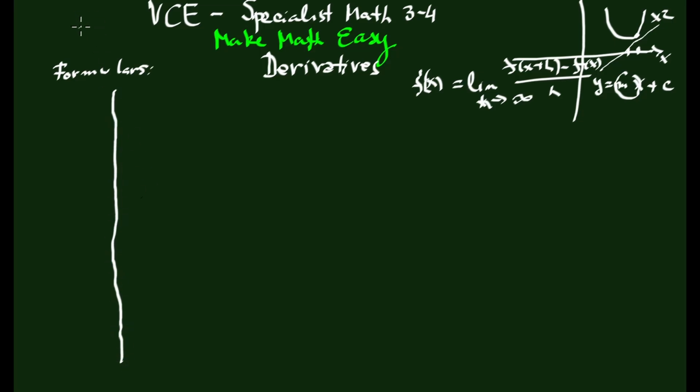So let's start with what our tools are. If we have f of x, f prime of x is, so these are the formulas. If you have a constant a, then f prime is 0. Tangents, right?